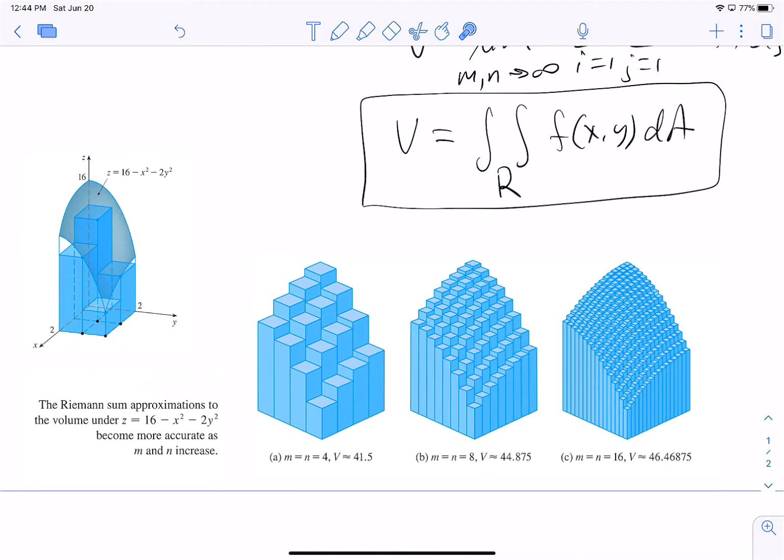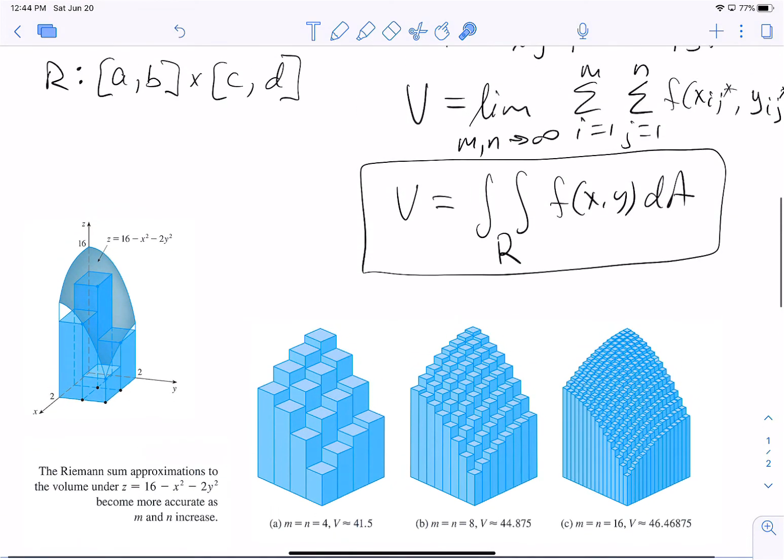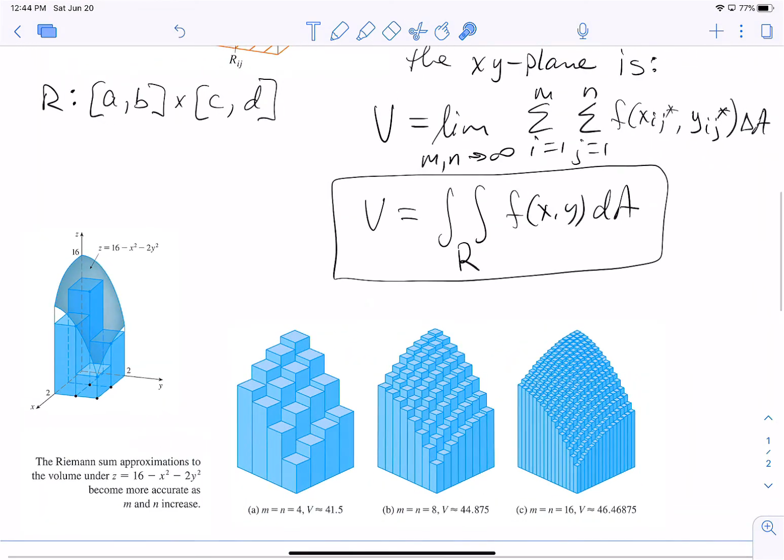And the approximation using the columns gets better and better as the number of rectangles increases. And of course, if we take the limit as the number of rectangles goes to infinity, then we end up with an accurate number for the volume. Pretty much what you'd expect by extending what you knew from R2 into R3.